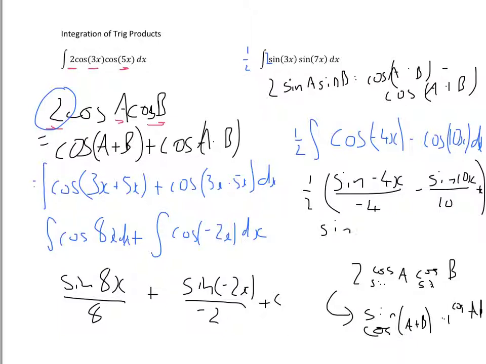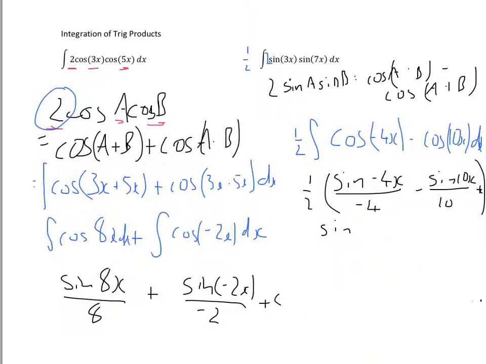If we multiply through by that half, we end up getting sine of minus 4x, that negative we can bring to the top, we've got minus sine 4x over 8 minus sine of 10x over 20, and that's just plus a different constant, k. Okay, and so that's us integrating.